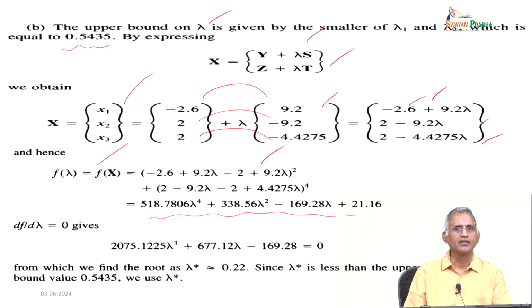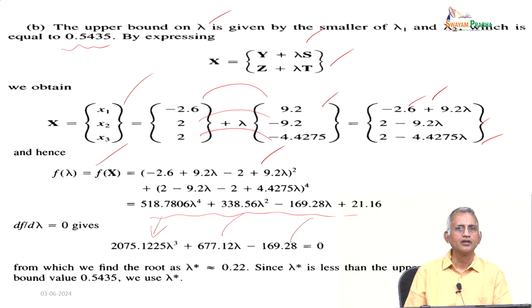Now, you differentiate with respect to lambda, so that 4 times of this one equal to 2075.1225 lambda cube, and one more time differentiate, we have 2 times 338.56, which is 677.12 lambda, with respect to lambda we have 169.28.